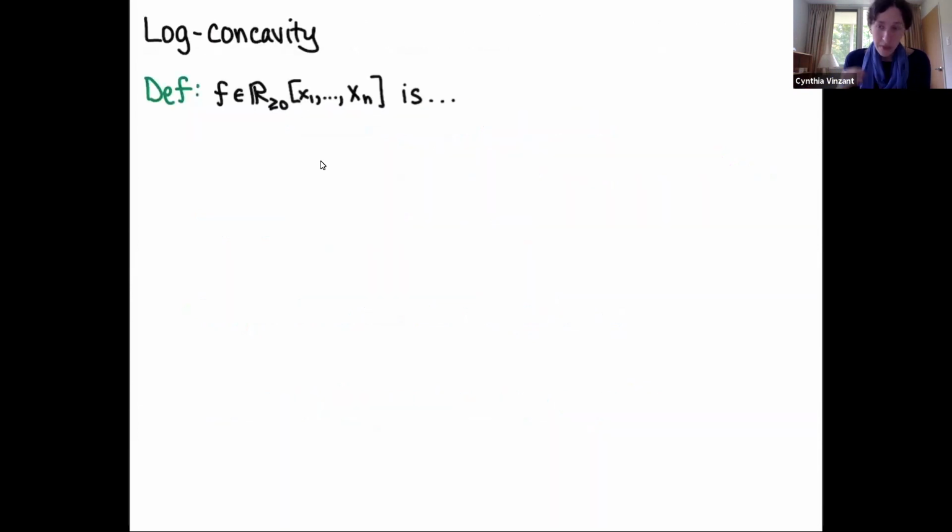Okay, and it comes, on the polynomial side, from functional log-concavity of a polynomial on the positive orthant. So it's a very coordinate dependent thing. I'm going to take a polynomial with non-negative real coefficients.